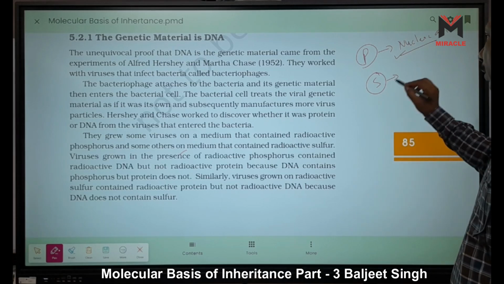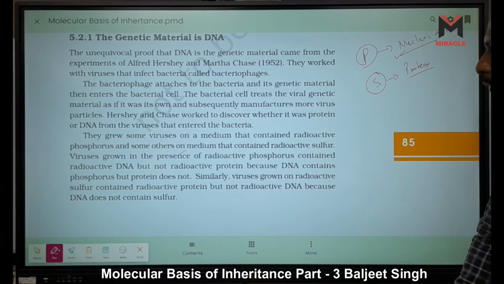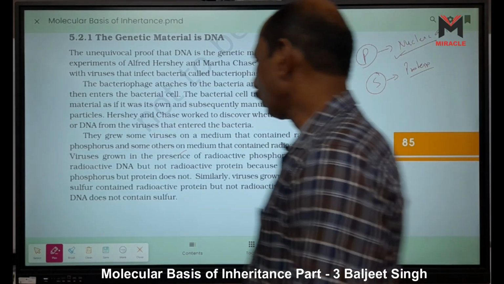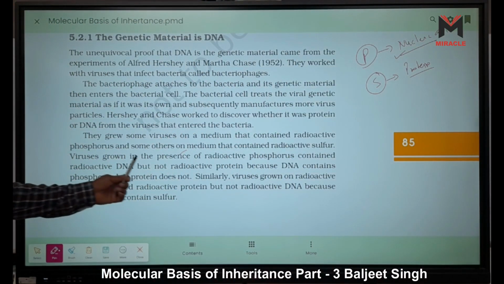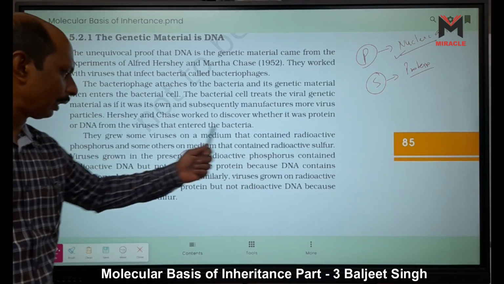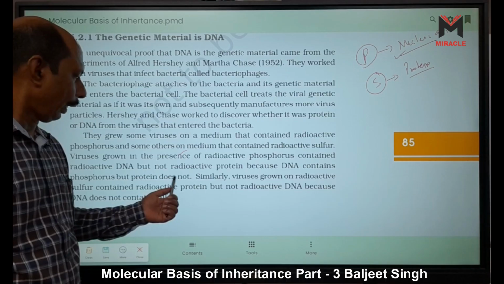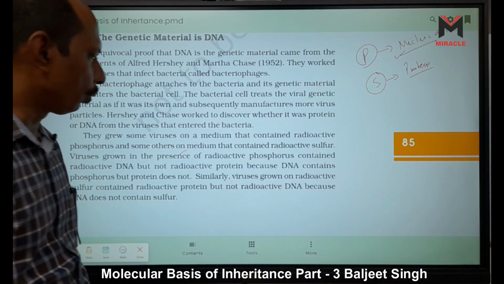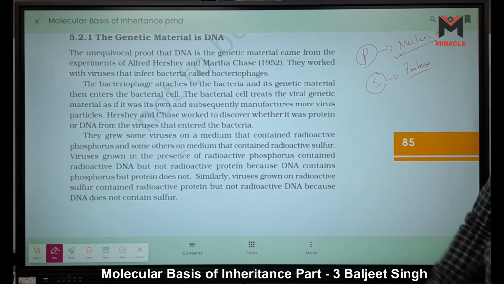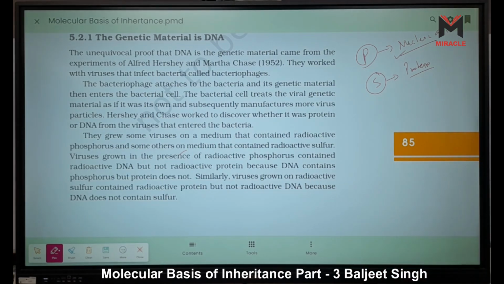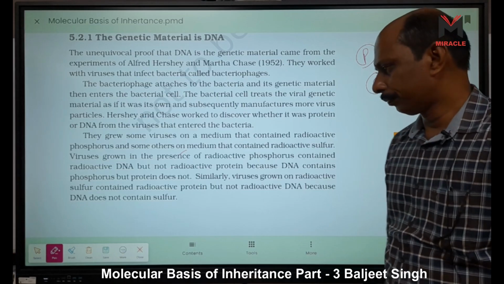It is present always in protein. So they used this. Viruses grown in the presence of radioactive phosphorus contain radioactive DNA. Similarly, viruses grown on radioactive sulfur contain radioactive protein but not radioactive DNA, because DNA does not contain sulfur.